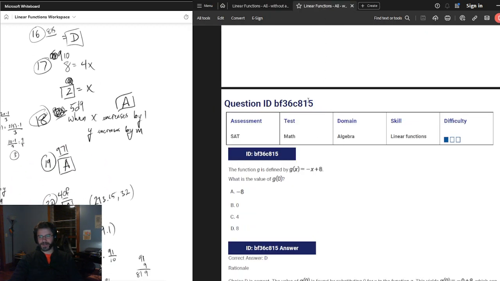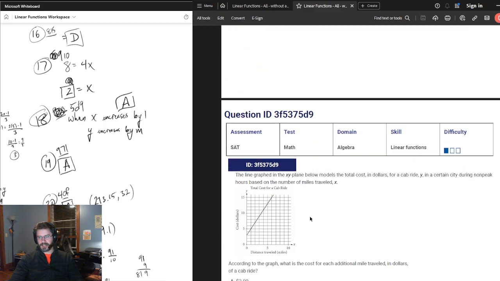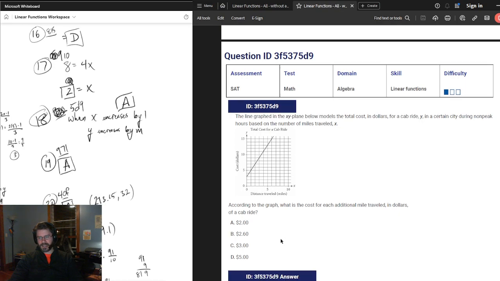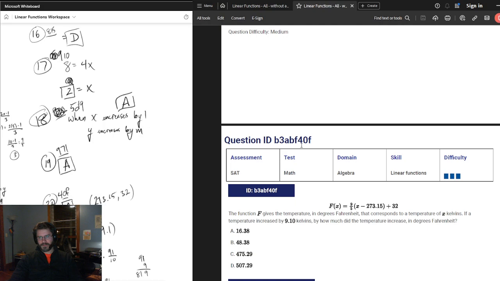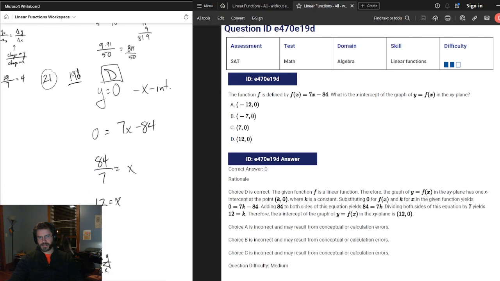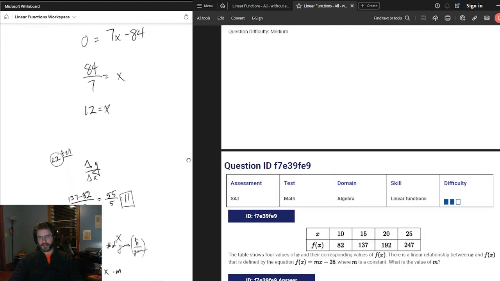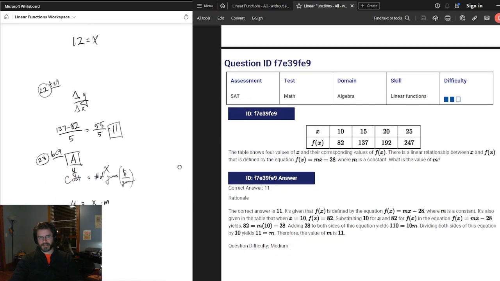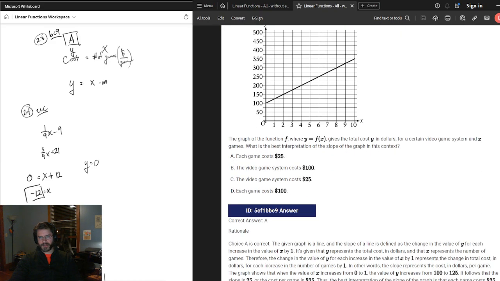All right, so code 815 is D. D, yep. 910 should be 2. 5D9 is A. Good. 971 also A. 40F is also A. 19D got D. FE9 got 11. Number 23, BC9, we got A. Yep.